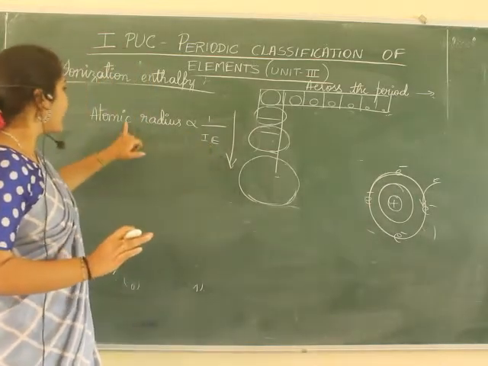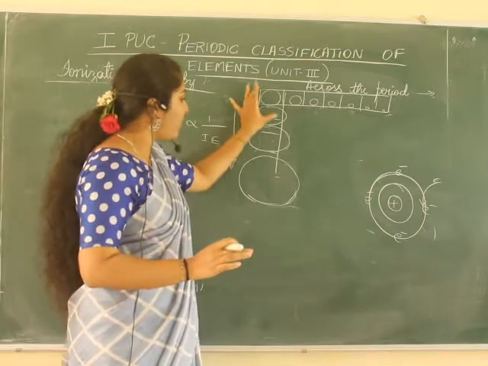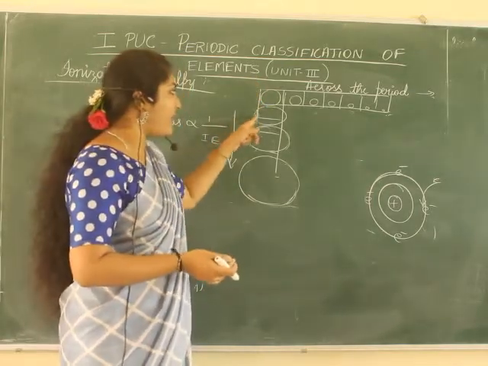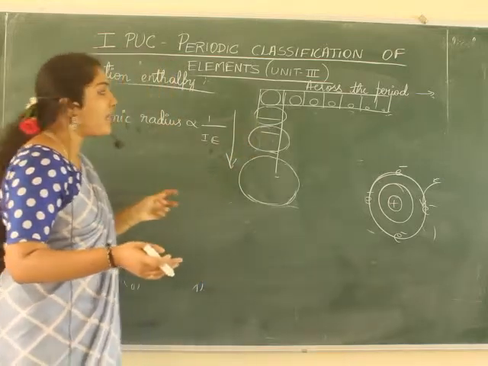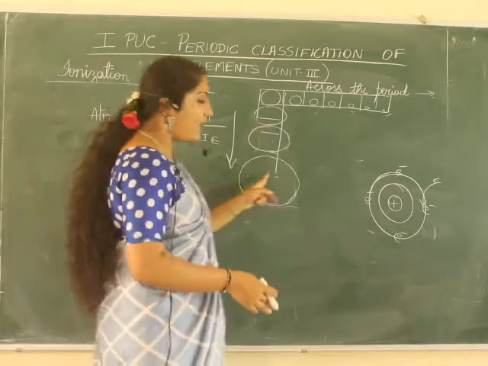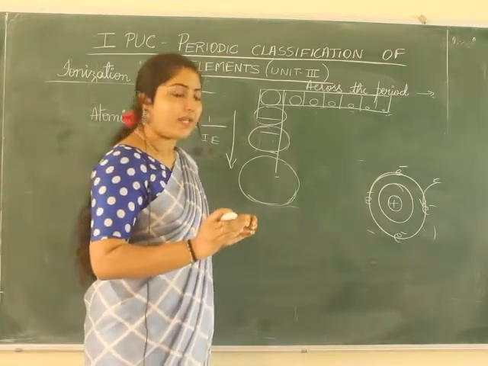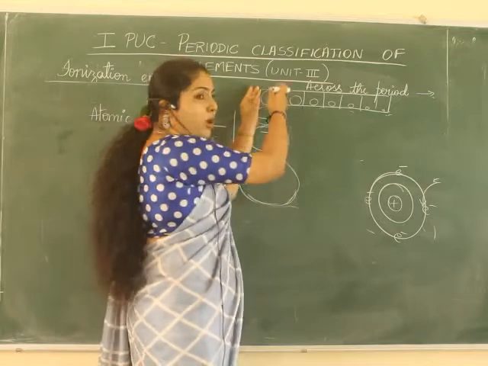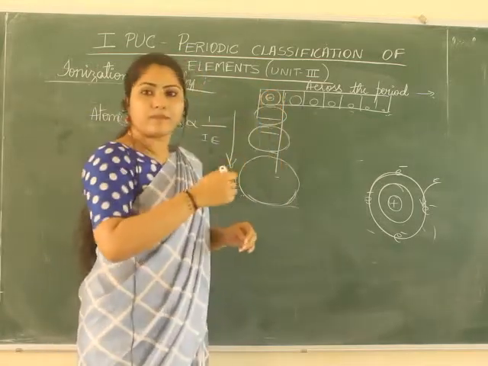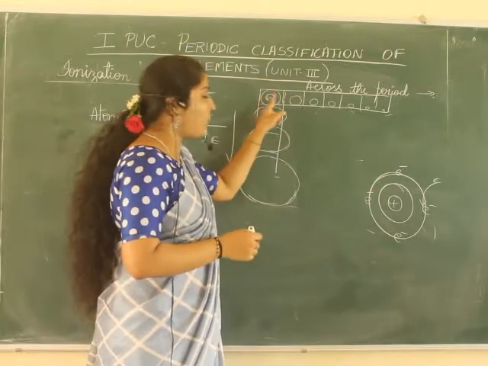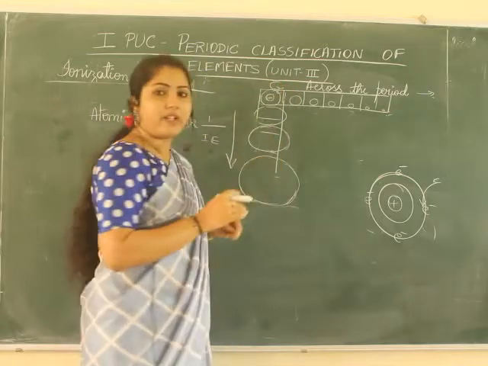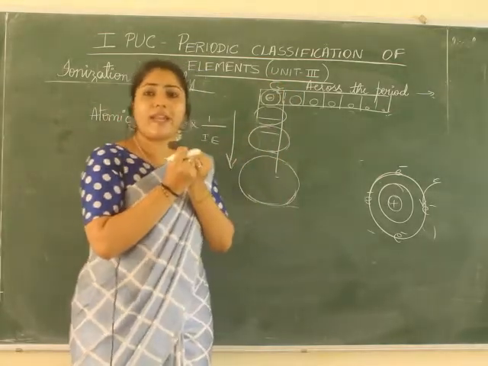Now you see, atomic radius here goes on increasing. So what may happen to ionization energy? If atomic radius increases, then ionization energy decreases here. Why does ionization energy decrease? See, here the size is small, so the nucleus will be close to the outermost electron. Now if you want to remove one electron, whether it is easy or difficult, the nucleus is pulling the electrons towards itself.